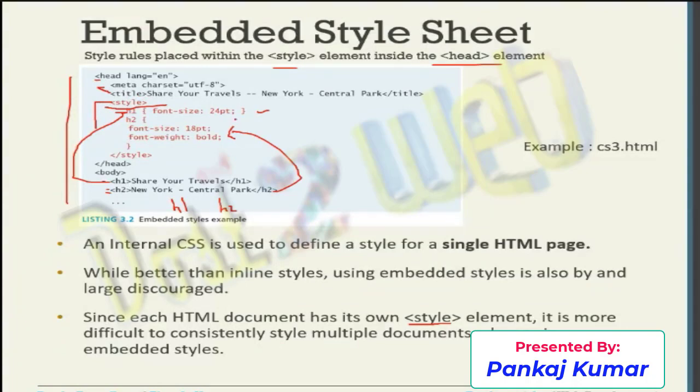Why? Because the page size again is going to increase, and it needs to be loaded in the browser. That is also there. So that's why it is difficult to consistently style multiple documents when you are using embedded style.